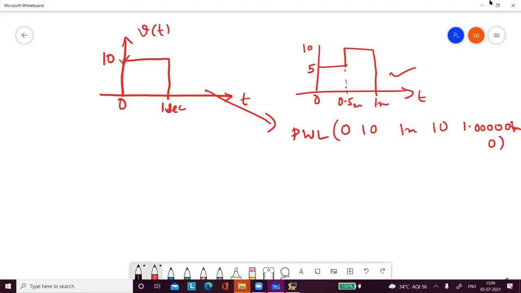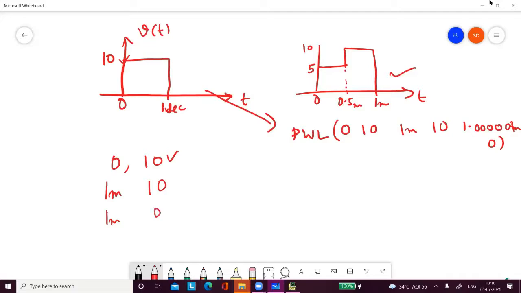Because SPICE will not allow two values at a single time. At time 0 the value is 10 volts. At time 1 millisecond the value is 10 volts, and again at time 1 millisecond the value becomes 0.